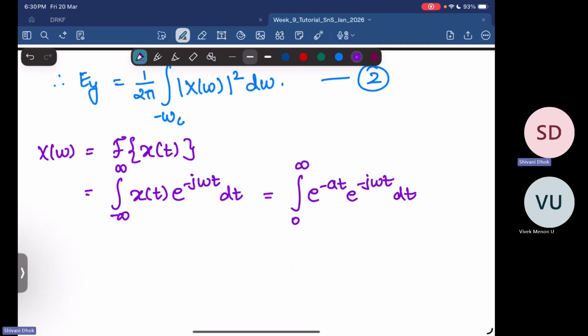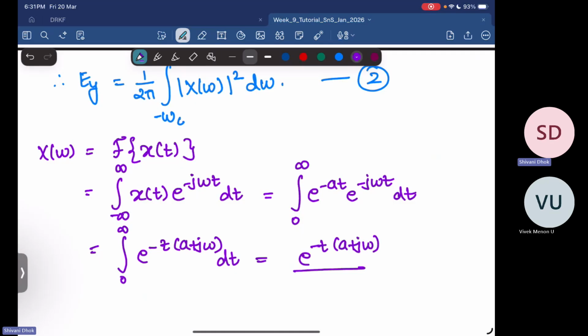We have solved this 100 times, but still let's do it. 0 to infinity e to the power minus t times (a plus j omega) dt. This is equal to e to the power minus t (a plus j omega) divided by minus (a plus j omega) from 0 to infinity, and this will give me 1 upon a plus j omega.